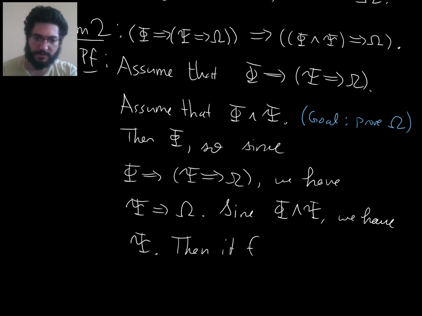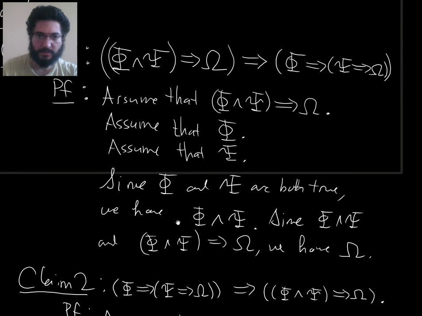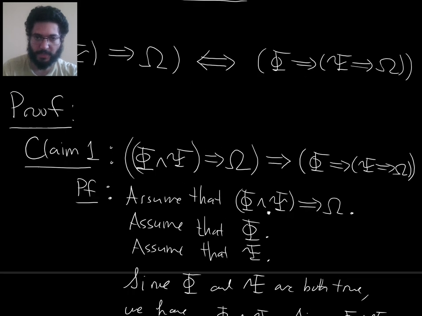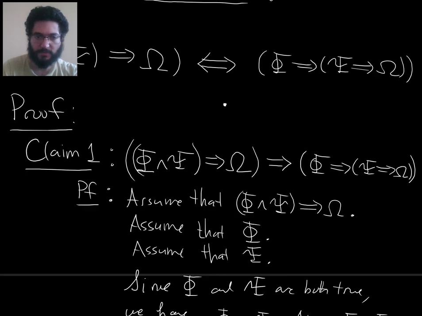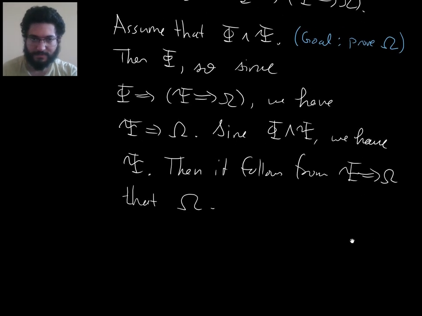Then it follows from the implication psi implies omega that omega. And that finishes the proof of claim 2. And with claim 1 and claim 2 together, that finishes the overall proof, since we proved both the implications needed to prove this equivalence over here. So now I can finally put the box at the end of everything. And that's derived rule 8.